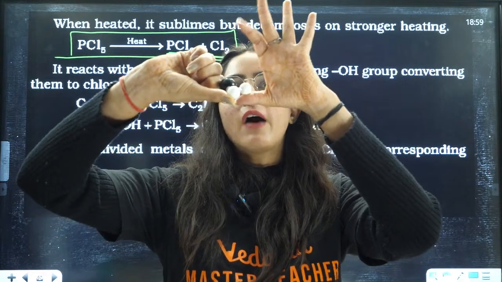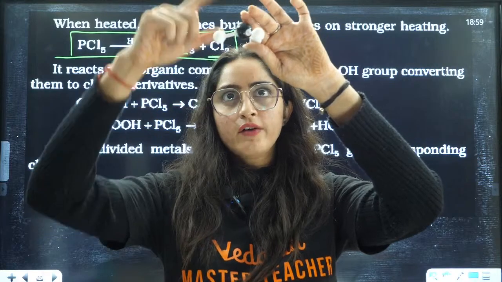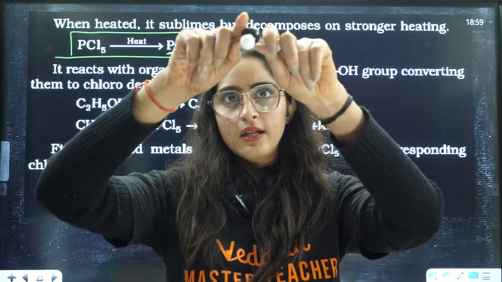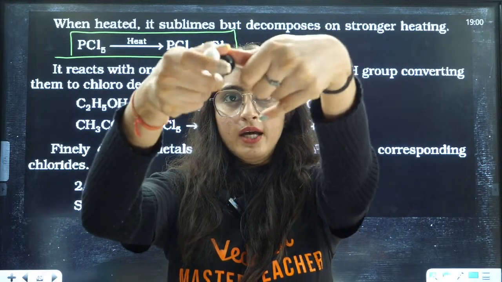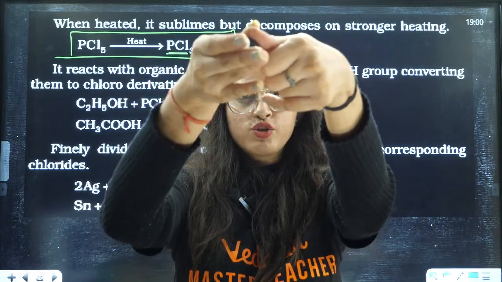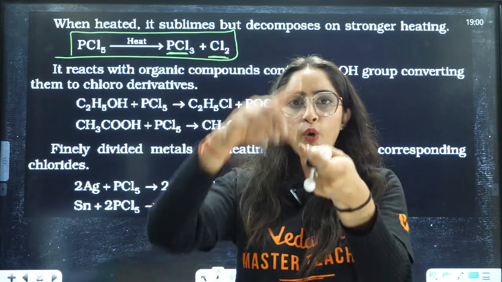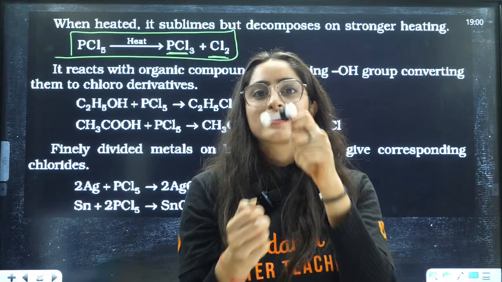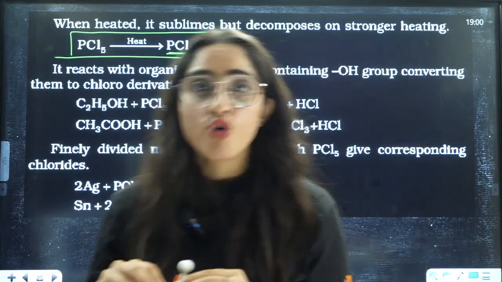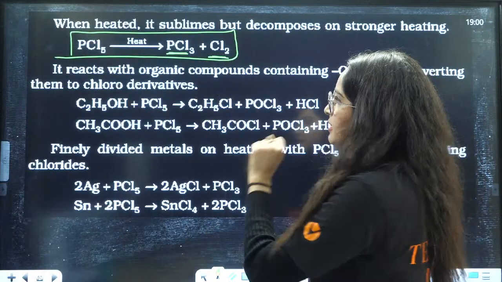There will be one bond here, one bond here, one bond here, and these three bonds will be in one plane. The other two bonds, above and below the axis, are not very strong bonds. That is why when you heat PCl5, you will get PCl3 and Cl2.